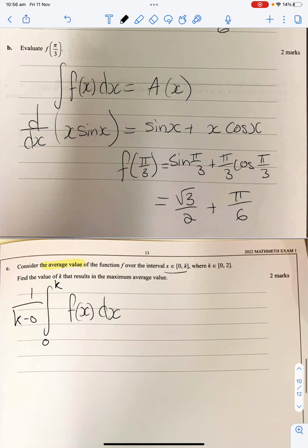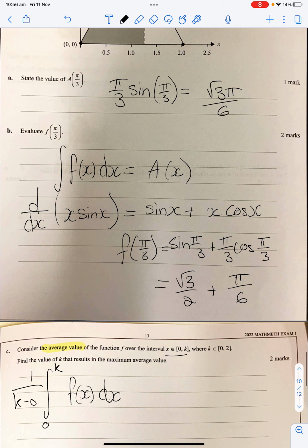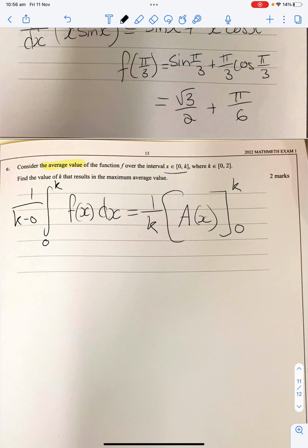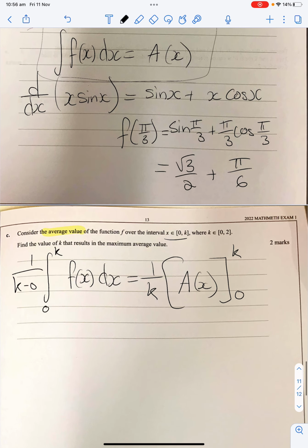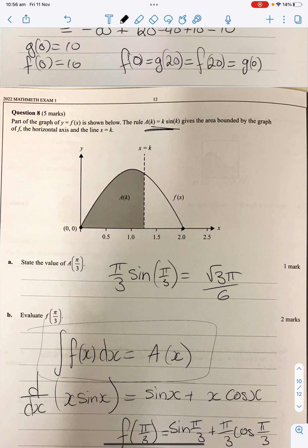Now we cannot integrate f of x, but we can use a relationship from up here. So we know that equals a of x. So that's going to be 1 divided by k multiplied by a of x from k to 0. So we end up with, now a of 0 will be 0 because here.